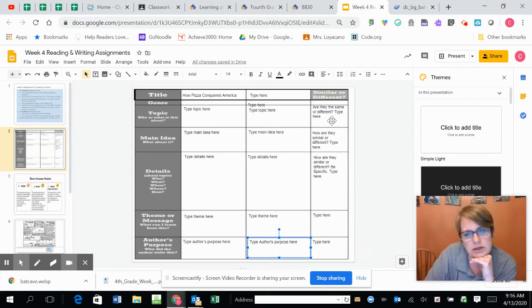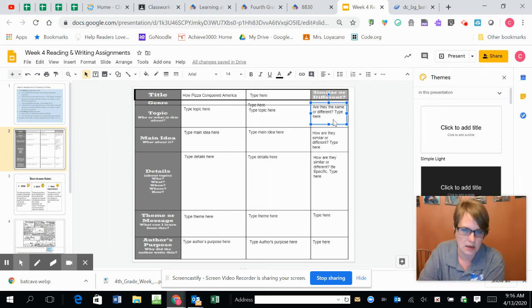And then I want y'all to look at this third column. This is where you're going to make a decision as a reader on how are these articles the same? How are they different? And what was the main idea? Were the main ideas the same? Were the details the same?